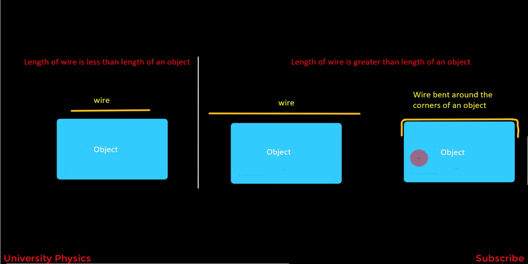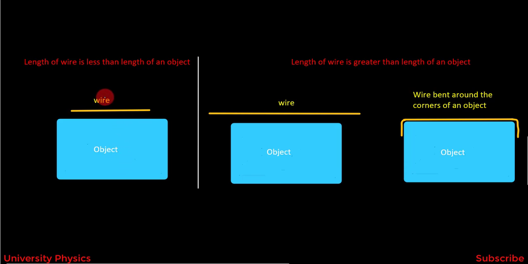The wavelength of light must be comparable to the opening through which the light is passing. I would like to take a very simple example of a wire and an object. In this figure, we have an object of some length and a wire. The length of this wire is smaller than the length of this object.